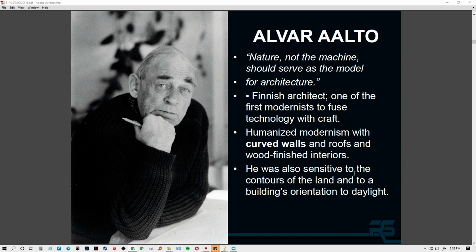Next one, we have Alvar Aalto. For him, nature, not the machine, should serve as the model for architecture.